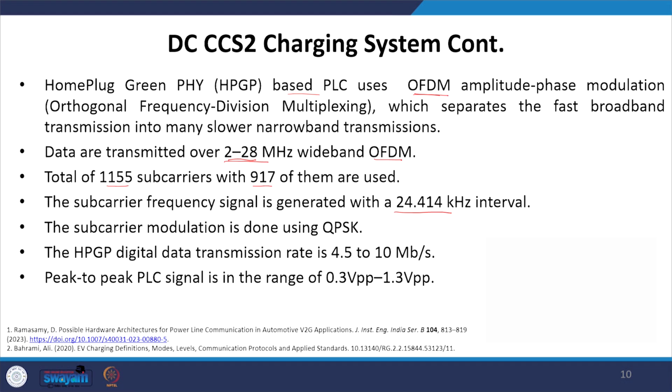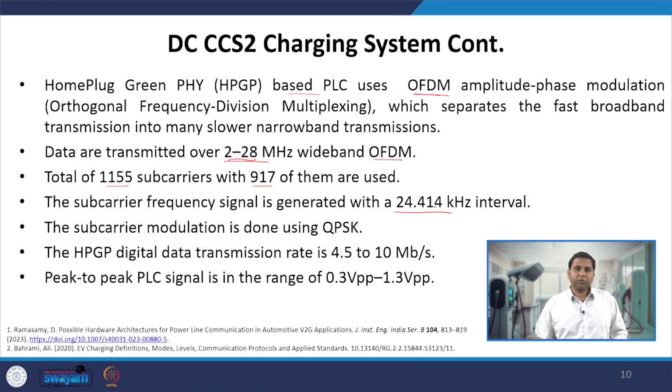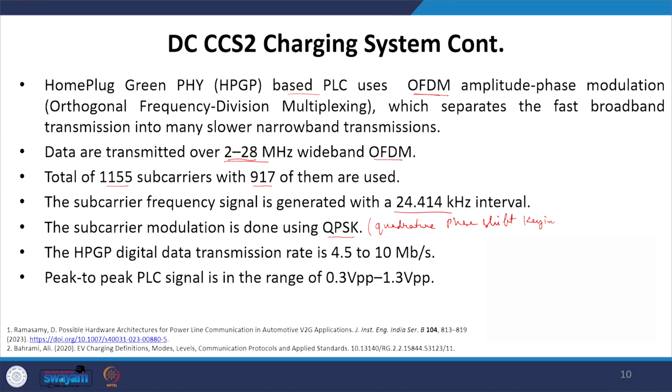That means the subcarrier signals are separated from each other by a frequency interval of 24.414 kilohertz, and each subcarrier is modulated using quadrature phase shift keying, again a concept commonly used in communication systems.